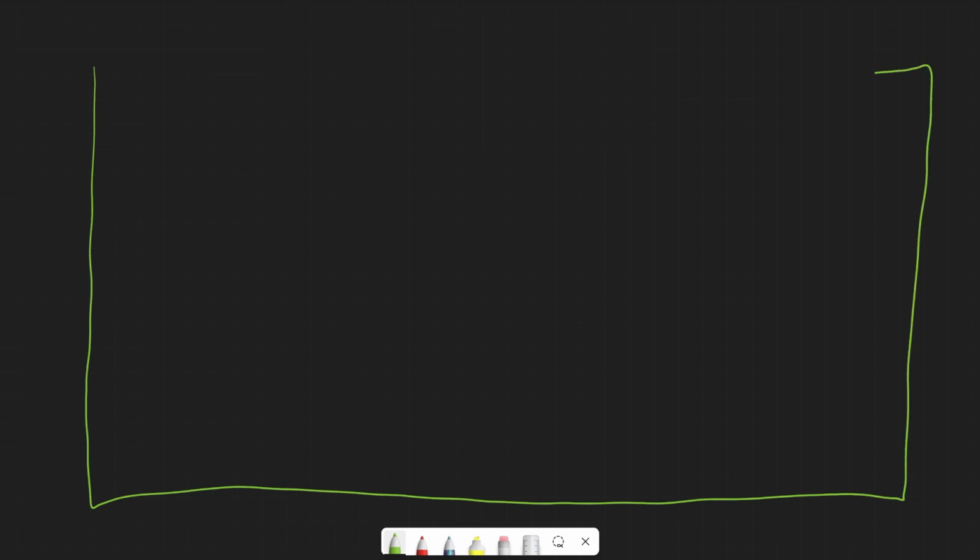Okay, let's start. So I will draw this large box that is the AI box. Now inside the AI box, we have a smaller box that is the neural networks box.